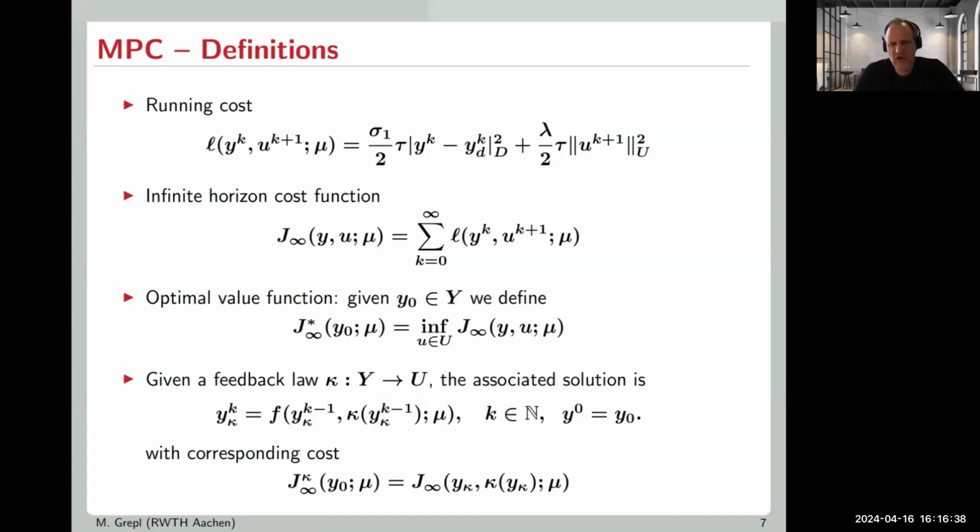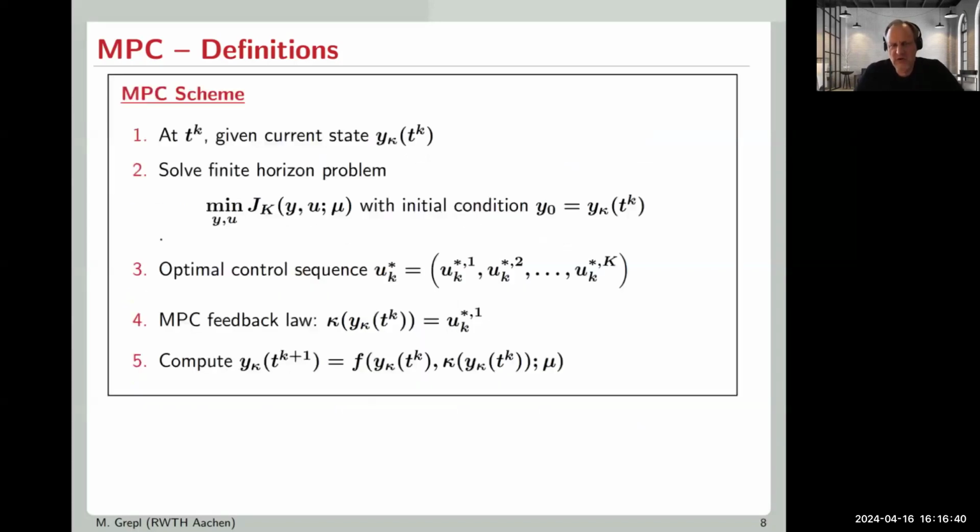And now we can again formally write down our MPC framework. At time step t_k, given our current state y kappa of t_k, we solve the finite horizon problem J_K, with horizon capital K, with initial condition y0 equal to y kappa at t_k.